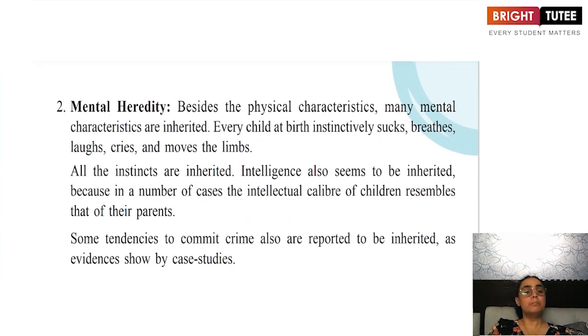Now we have the mental heredity. Now, apart from the physical characteristics, obviously, the intellects, the cognitive abilities of the child, how well the mental processes of the child function, that also depends on the heredity or on the genes that they have inherited from their parents.